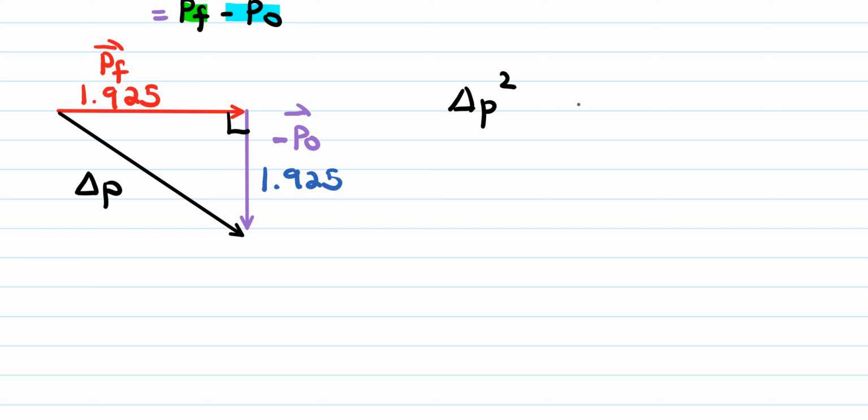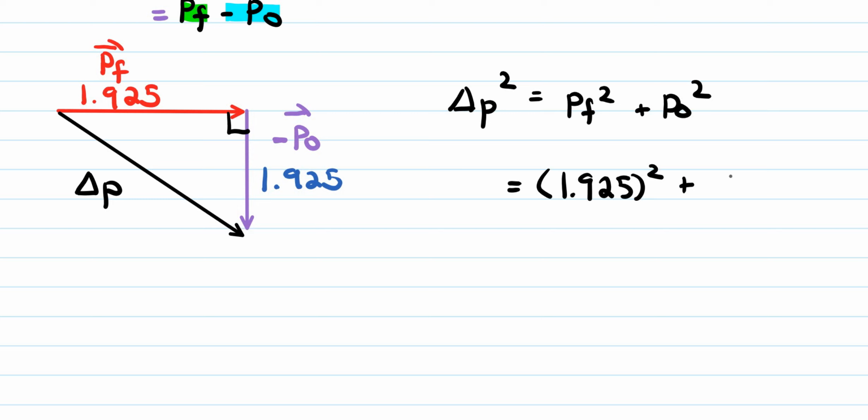So delta p squared is equal to pf squared plus the initial momentum squared. Let's plug in the numbers: 1.925 squared plus 1.925 squared, and on the left-hand side I have my change in momentum to the power 2. This will help us calculate the magnitude of the impulse.